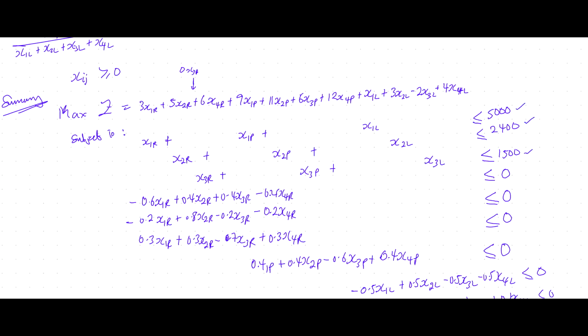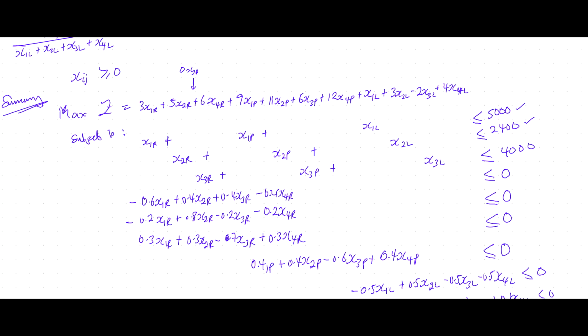I mix the third component, so x1r, x2r, x3r. So 3R is 2,400, right?